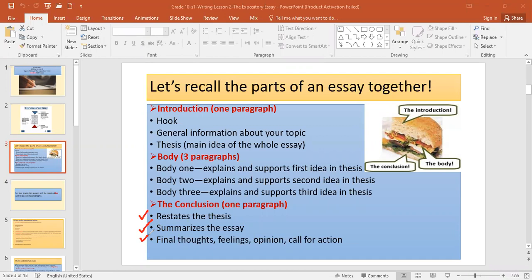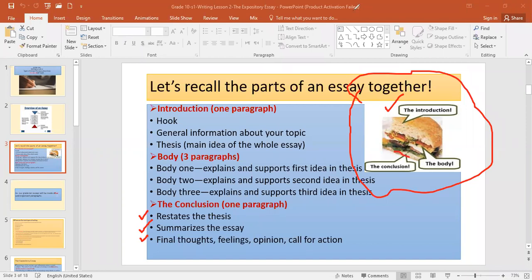And always, as I've said to you ever since last year, please end well, on a powerful note. Think of your essay as a hamburger. The introduction and all the details, like the lettuce, the cheese, the meat, the mayonnaise, the ketchup, those are all the details, the body, and then the conclusion is the bun at the end.